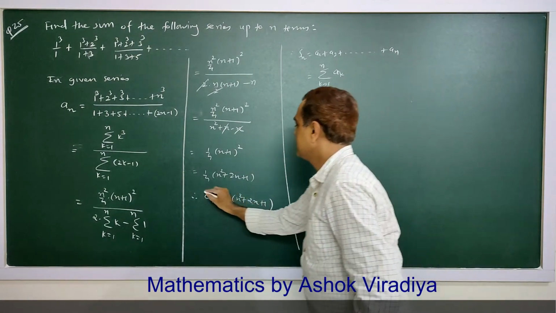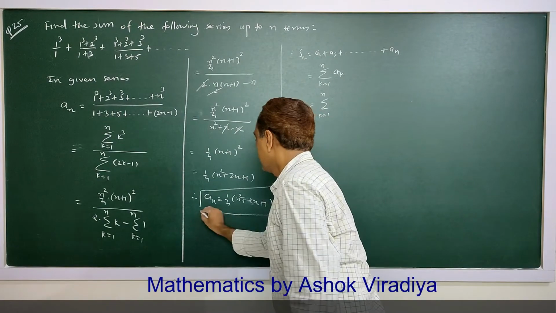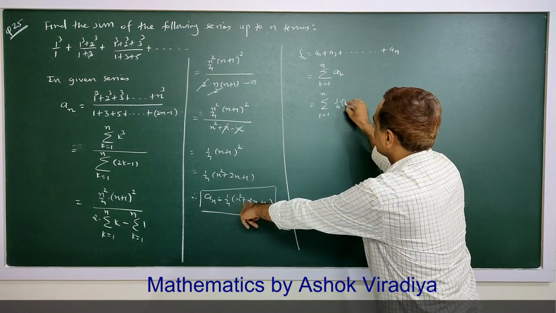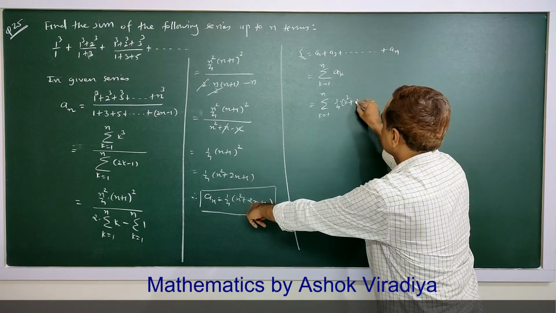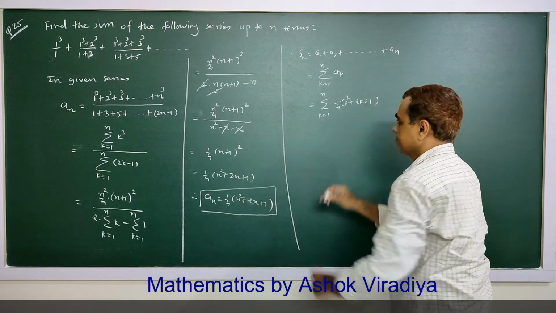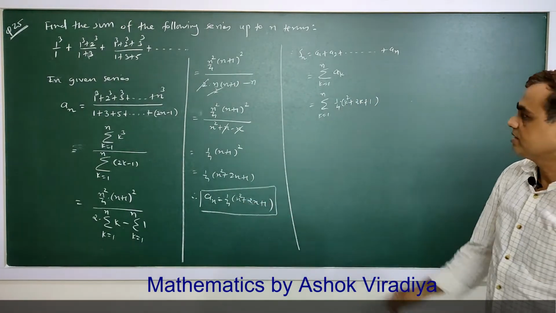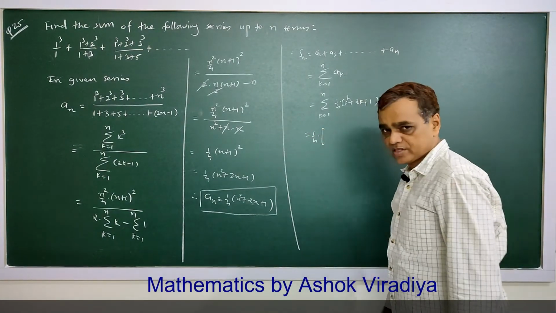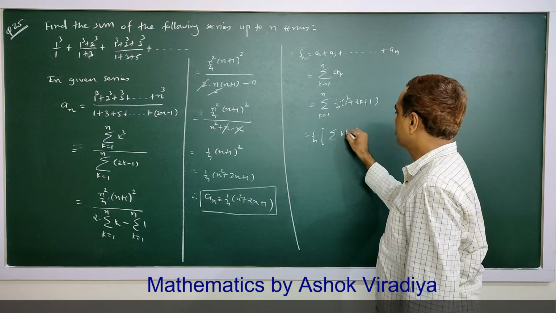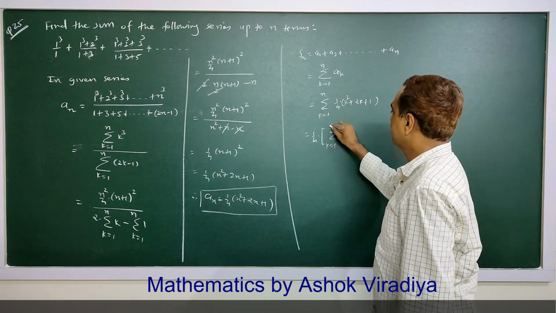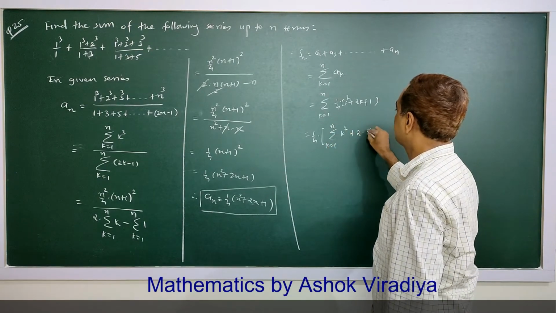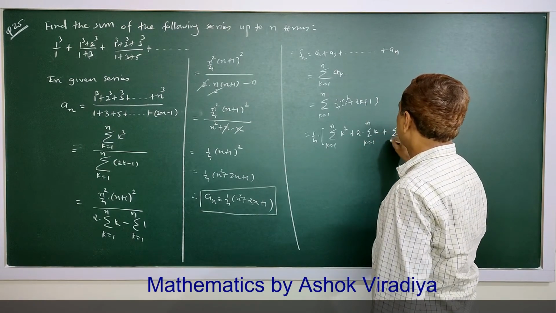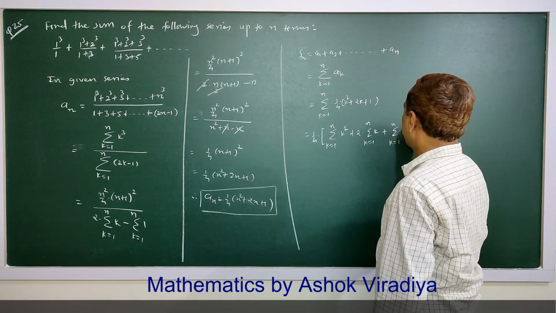Now from this equation, ak is 1 by 4 times k square plus 2k plus 1. Now distributing the sigma, 1 by 4 times sigma k square, k 1 to n, plus 2 times sigma k, k 1 to n, plus sigma 1, k 1 to n.